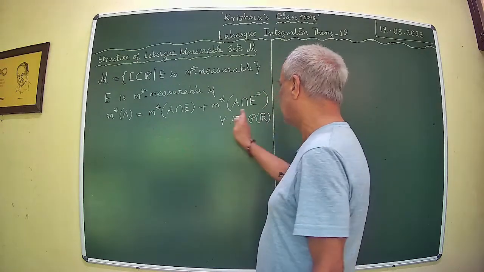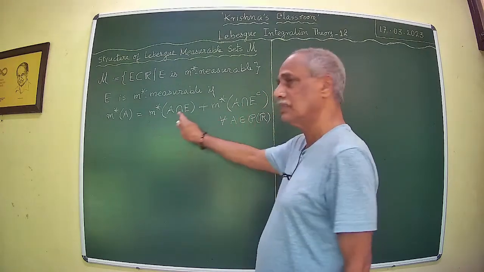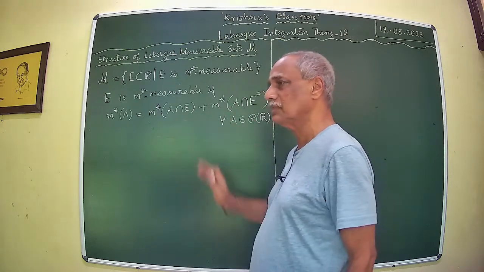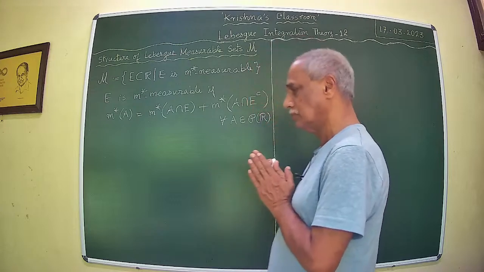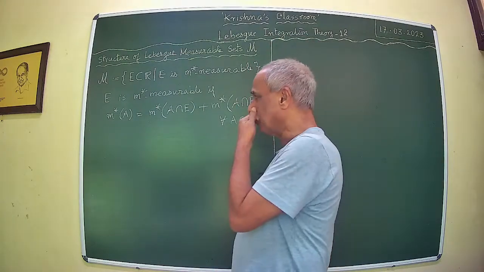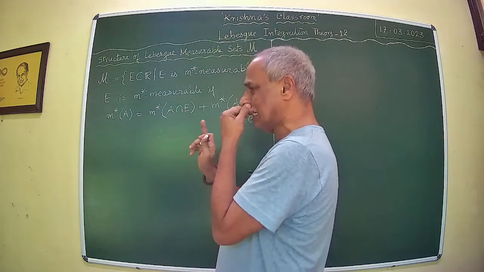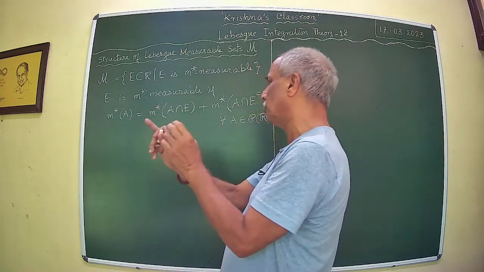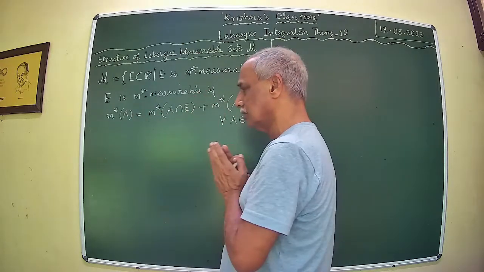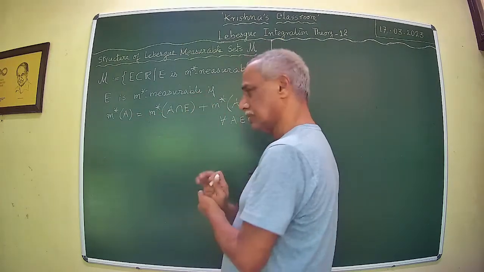The intersection of these two portions is empty, and the union of these two portions will give you the whole space. So E performs a cutting of A, and what you demand is that the M star of A should be equal to M star of the two portions to which E cuts it.